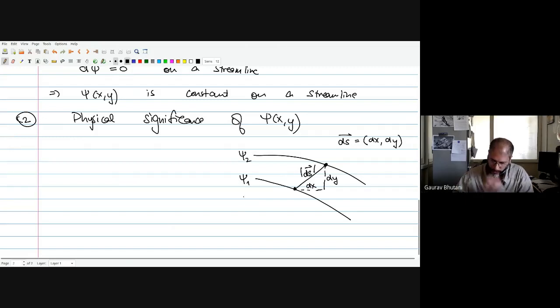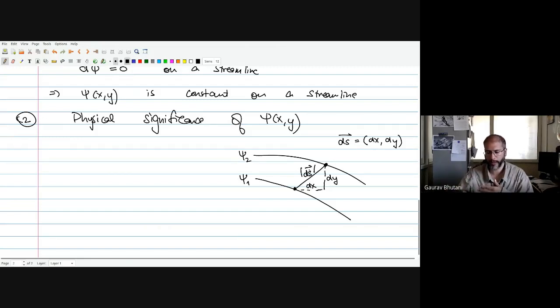So what we're doing is we're trying to draw physical significance. So we'll try to find out what is the volume flow rate through this ds line. Now remember that volume flow rate is defined on areas, right? But since we're talking about 2 dimensions, we can think of the third dimension as of unit length. So it's like inside the plane you have a unit length, so you can extrude this whole thing by 1 unit.